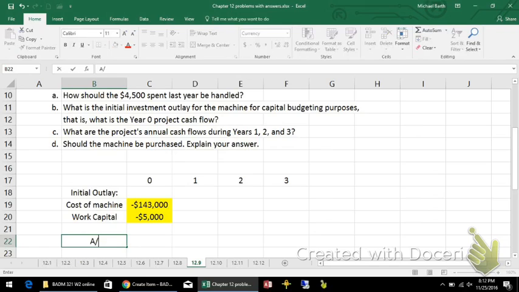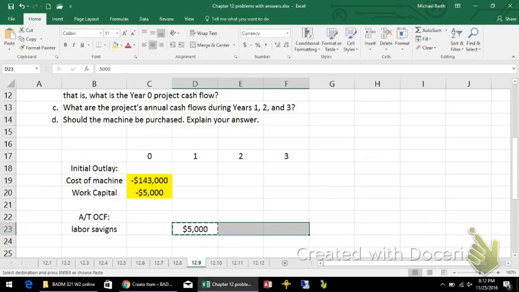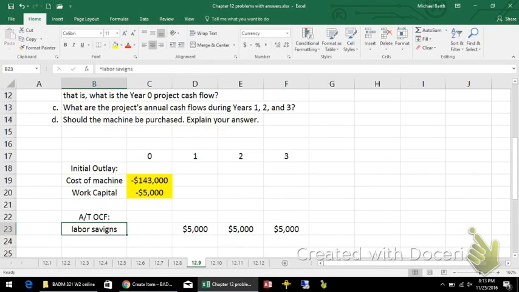The after-tax operating cash flows, what I've got to do is calculate EBIT. So the change, let's just start. Labor savings is $5,000 in each of these years. Now, since it's a labor savings, that would mean that my pre-tax profits would go up by $5,000.